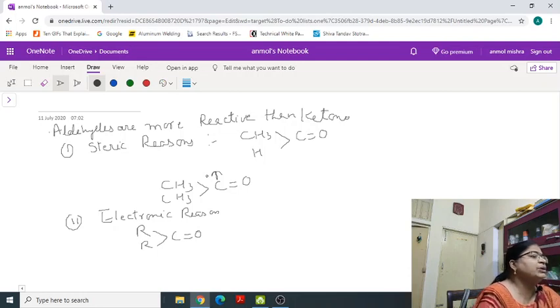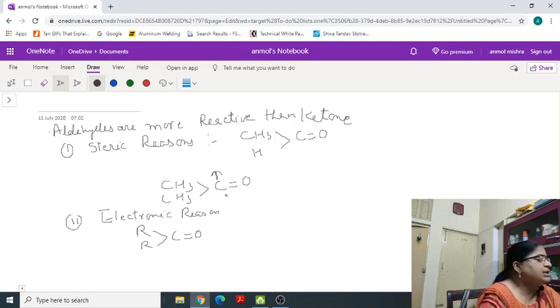So this question may be asked: why are aldehydes more reactive than ketones? Two reasons: steric reason and electronic reason.